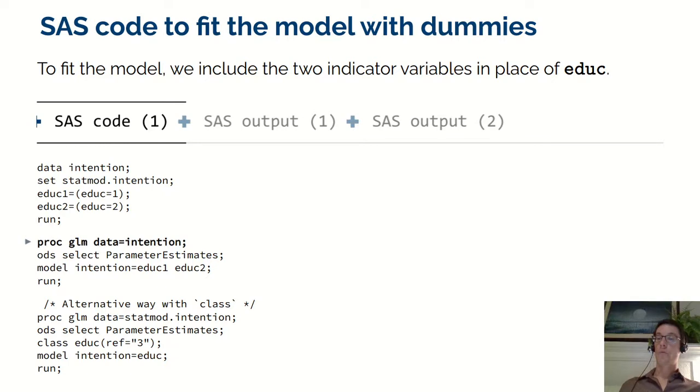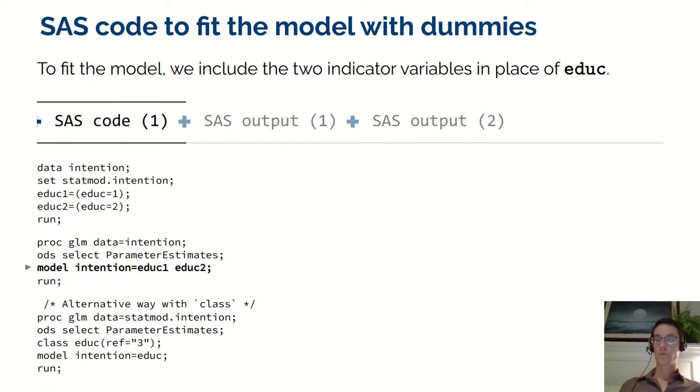And next I can run my model with this newly created data, select only the parameter estimates, and put the 2 dummies in. There's always an intercept. If you wanted to get rid of the intercept, you'd have to add at the end of this line a slash and then, I think it's noint or something, to get rid of the intercept.